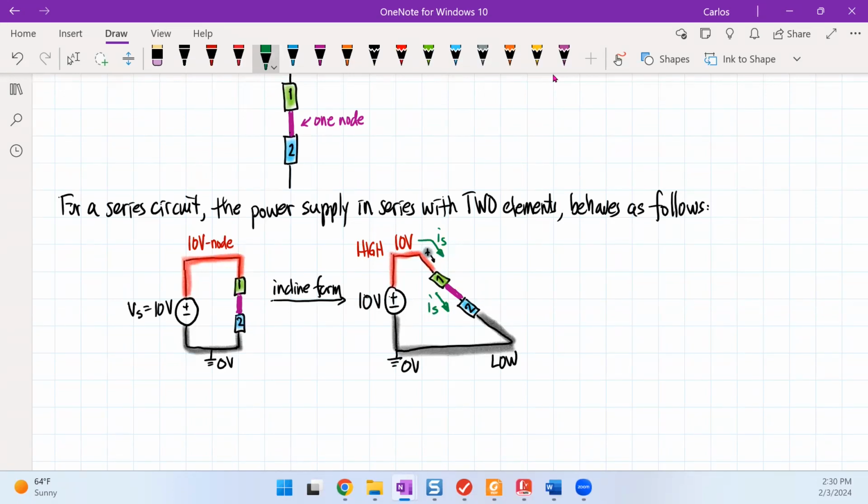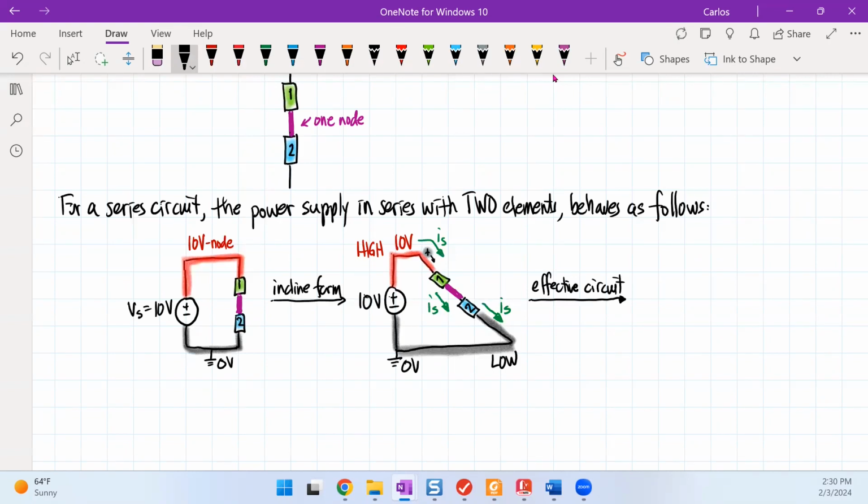And then the charge going into 2 must also be the charge flowing out. So the source current only has one individual location that it could move through. So now the effective circuit, which is much more useful for us, now looks something like this.